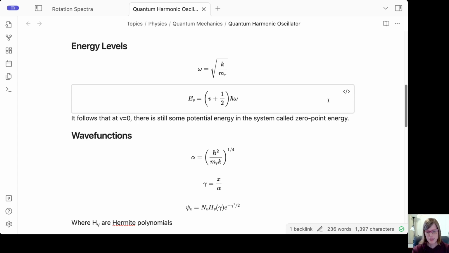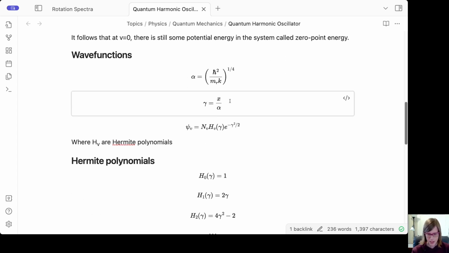The E_v, which is the energy at quantum number v, which can be 0, 1, 2, and on up in the integers, is (v plus 1/2) times h bar omega.